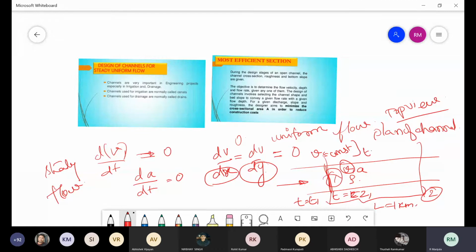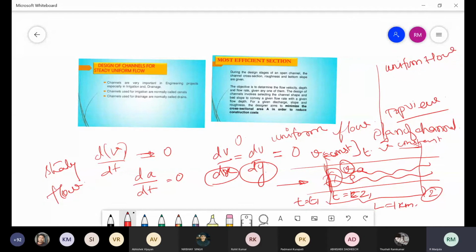And when the flow goes from section 1 to section 2, the velocity remains constant. If the velocity remains constant over the space or the distance, then it is called uniform flow.